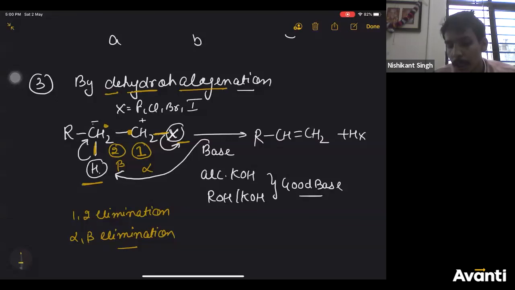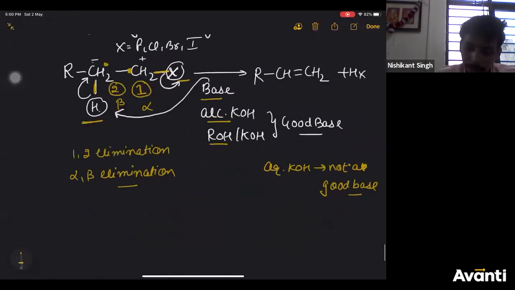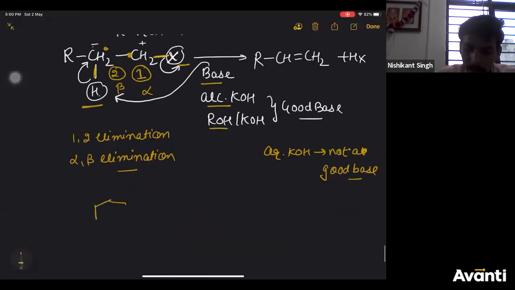What is the base you use here? The base that you use here is alcoholic KOH. Remember, aqueous KOH is not a good base, but alcoholic KOH is a good base. I'll give you one more example for it.